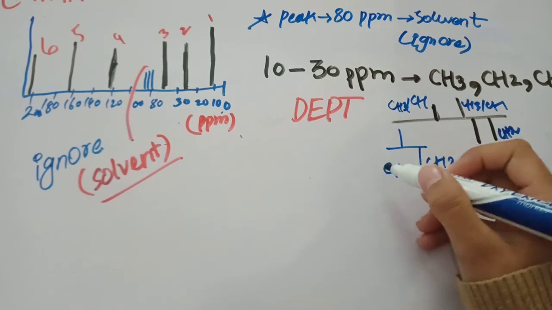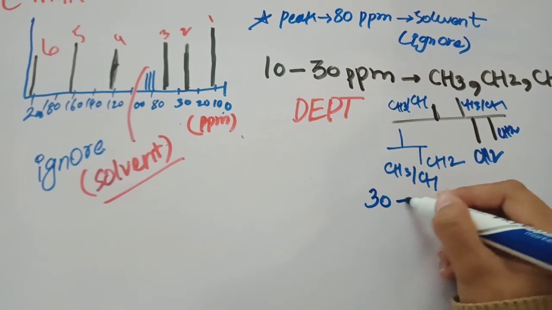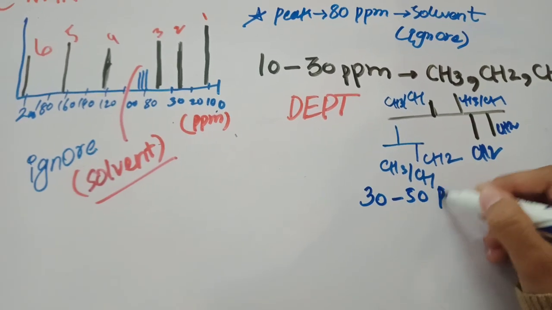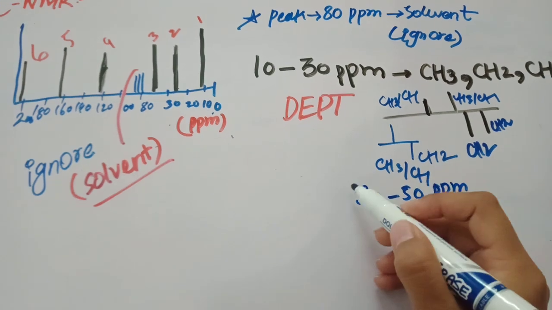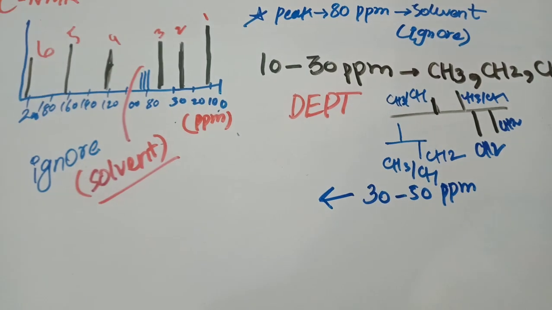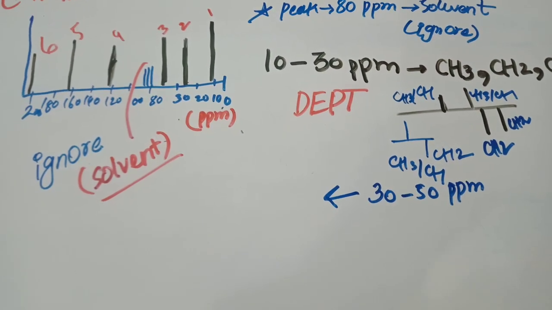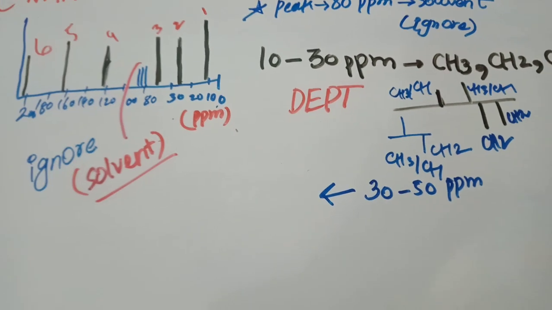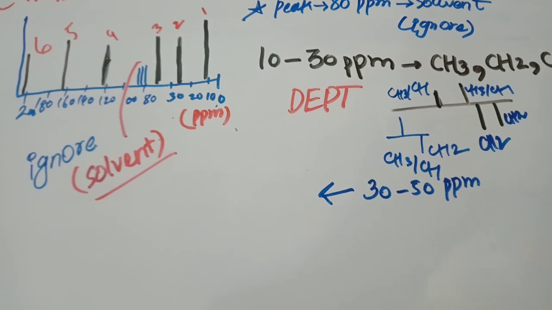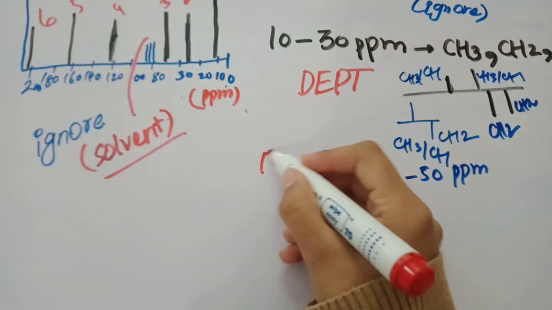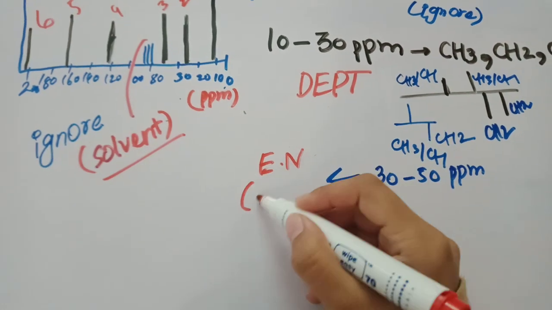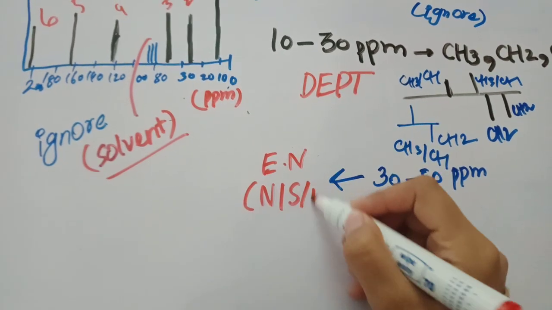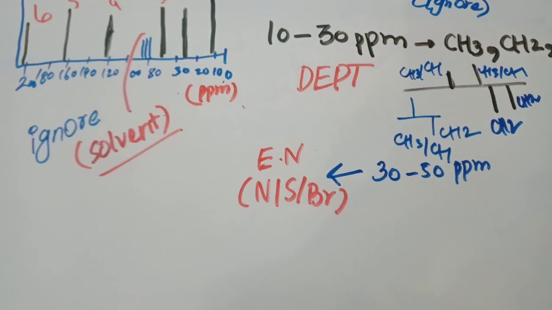And from 30 to 50 ppm, it represents CH2, CH3 or CH with an electronegative atom, and the atom can be nitrogen, sulfur or bromine.